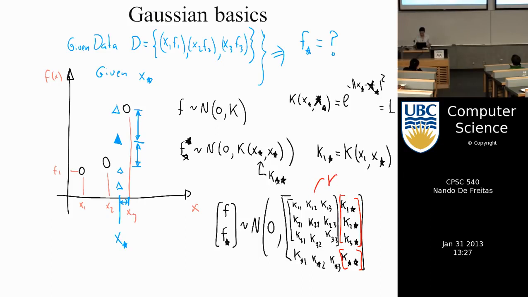This block is the matrix K. This block here I'm going to call the matrix K star. And then this one is just K star star. And let's just lastly close the bracket.